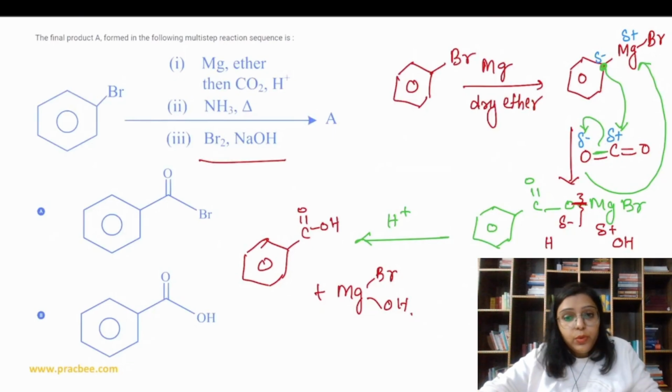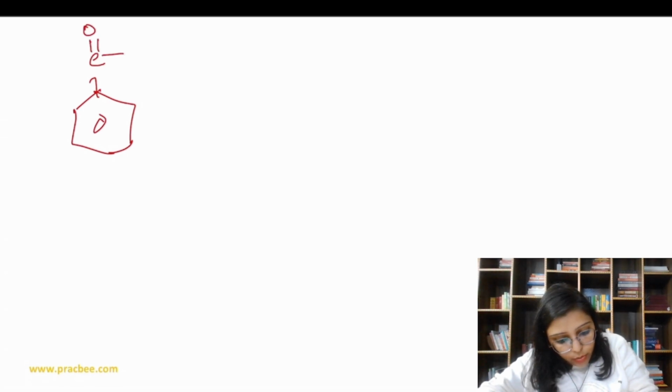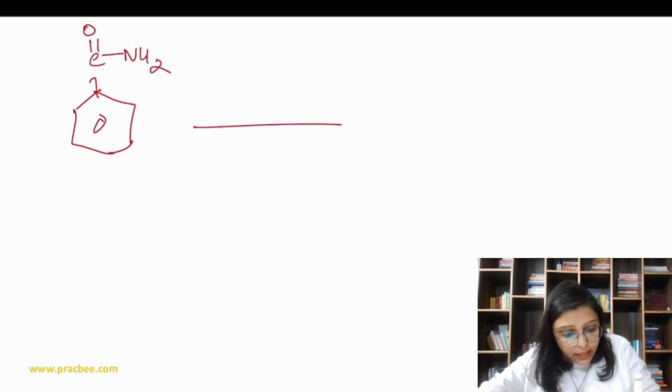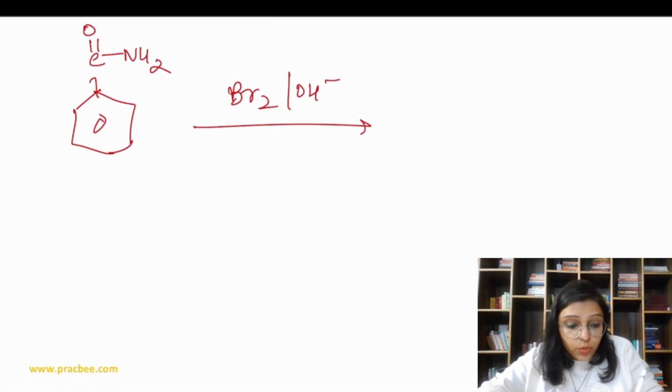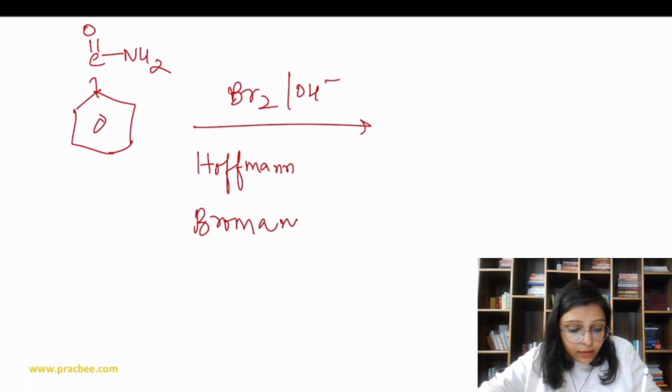Now we have Br2 NaOH. So this is C double bond O NH2, and then we have Br2 OH minus. This is the Hoffmann bromamide degradation.